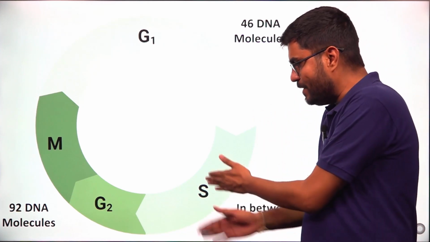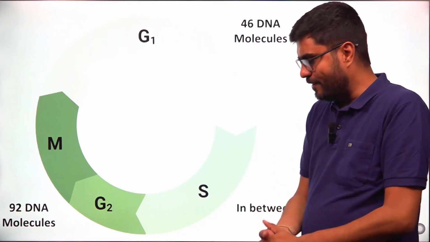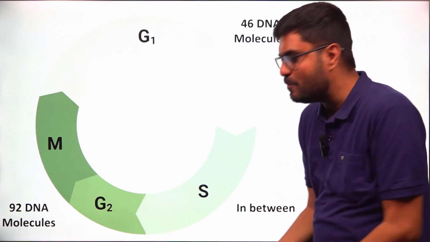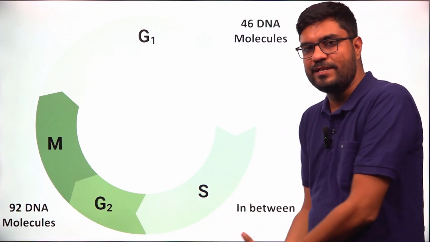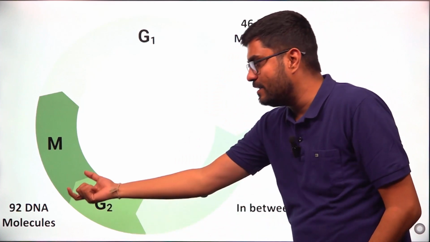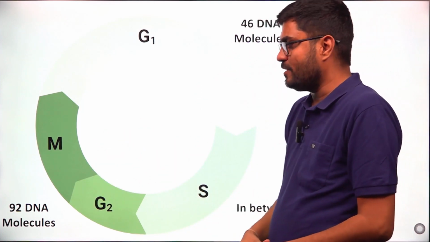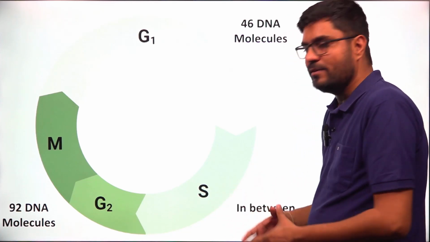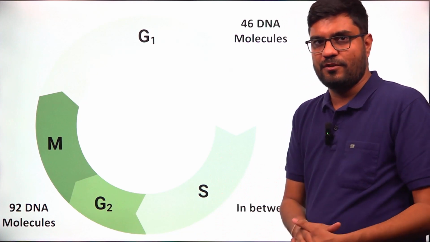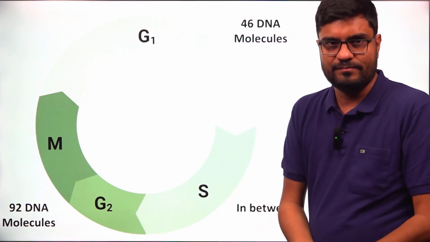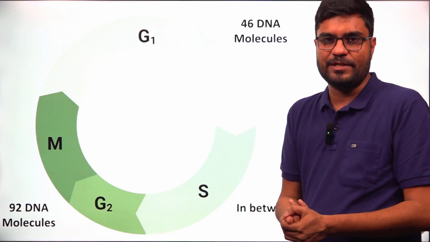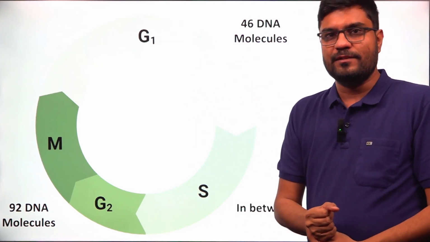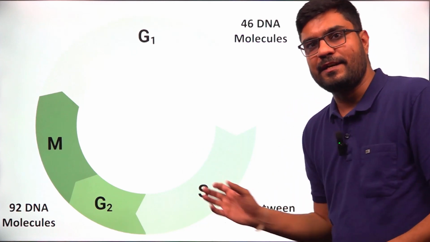If the cells are in the middle of replication, then the amount will be different. And if the cells are at the end of replication, the amount will be different. So how much DNA will be there in S phase, between X and 2X, or between 46 DNA molecules and 92 DNA molecules, depends upon at what stage of replication the cells are, or how much percentage of replication is completed, right? So let's do the experiment by using the flow cytometer, and we will understand it better.